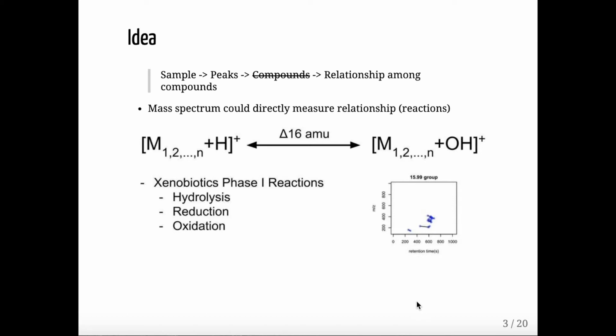Here I mean different compounds, not the MS/MS spectrum. If we use mass spectrometry to measure the mass-to-charge ratio of all the peaks and calculate the paired mass distance, we may find this. In this case, the mass spectrum could directly measure such relationships, and I call it reactions.